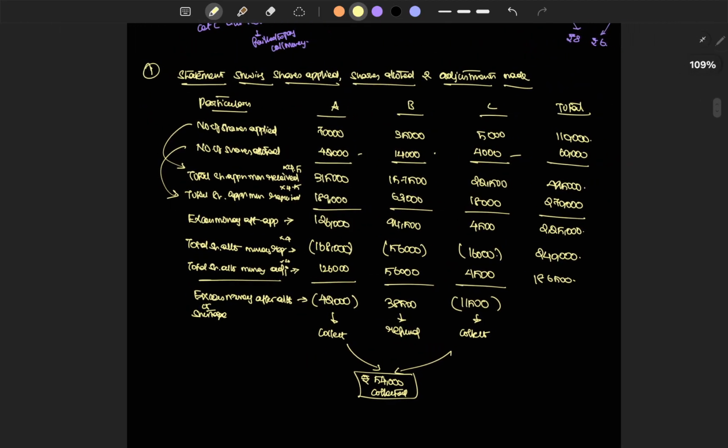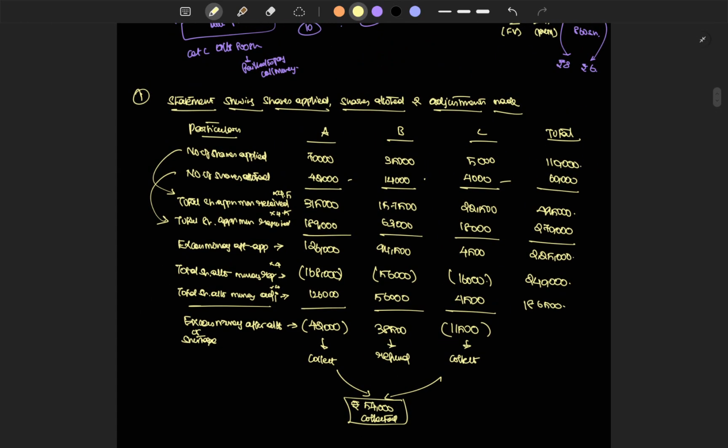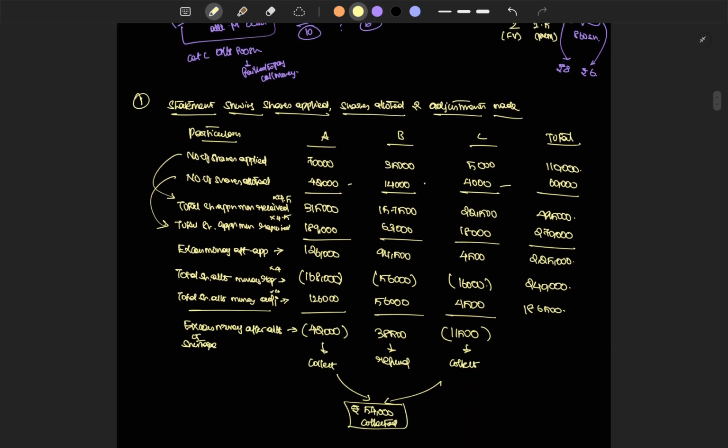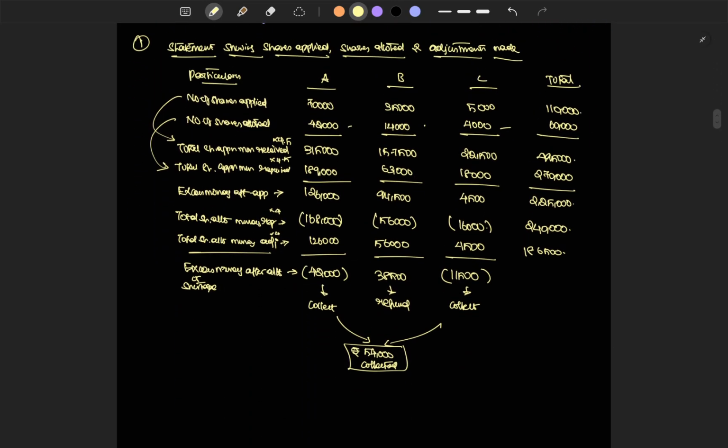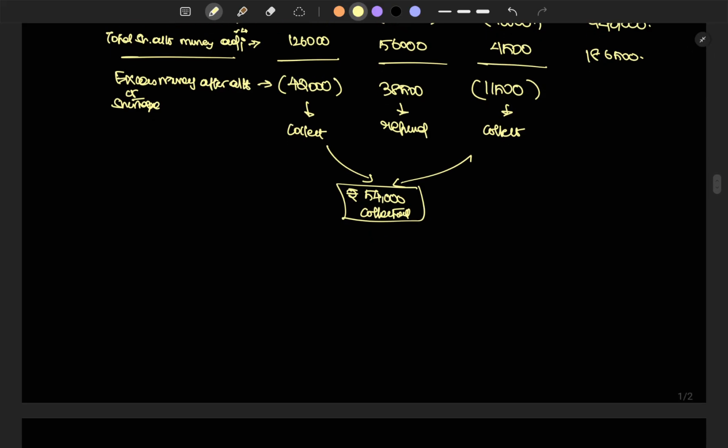Okay, so this is the overall map for this sum to easily prepare a journal for this entire problem, and with this statement how we can prepare a journal is what we are going to see now.